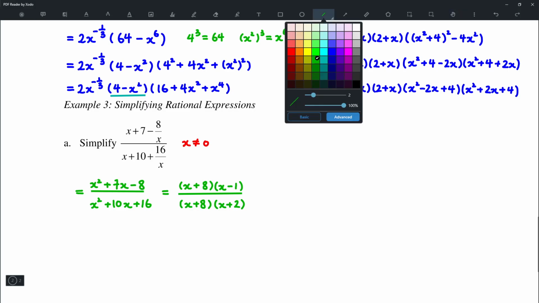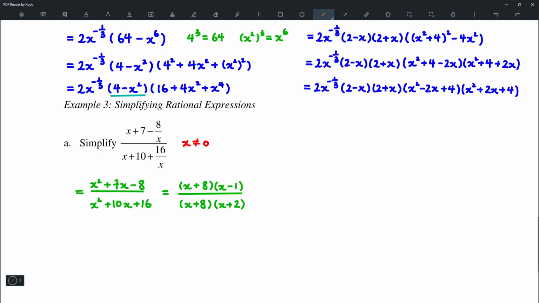So here we have a common factor of x plus 8. However, before we eliminate them, it is important to just state the restrictions that have been added. So also x cannot be negative 8 or negative 2. And we get to the simplest form of the expression, which is just x minus 1 over x plus 2. Sorry about that.